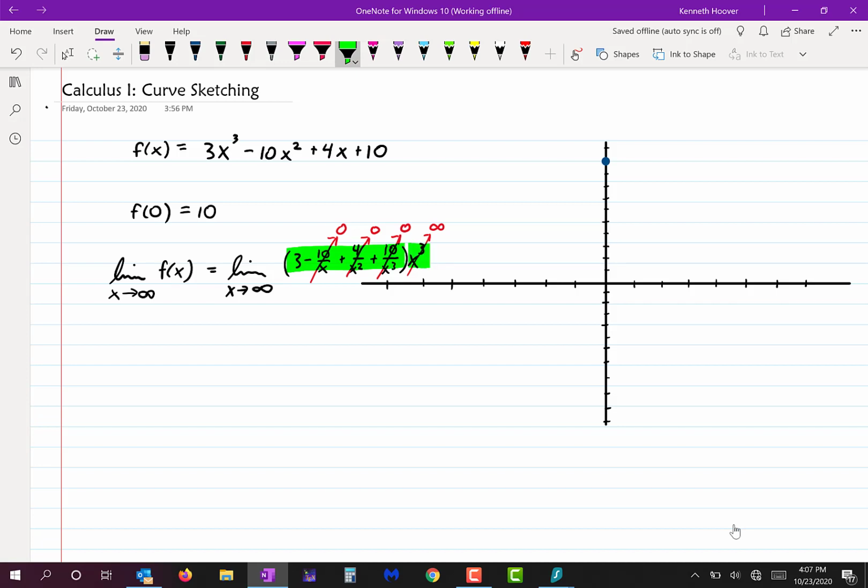The limit for this part is infinity. So wouldn't the overall limit then be infinity, right? 3 times something getting infinitely big is going to be infinitely big. Okay?